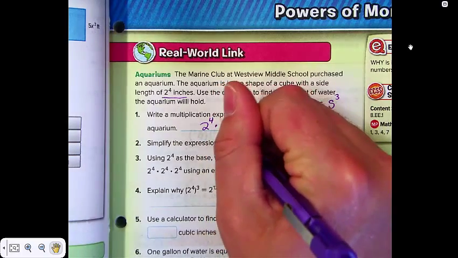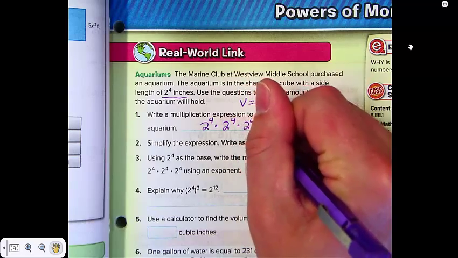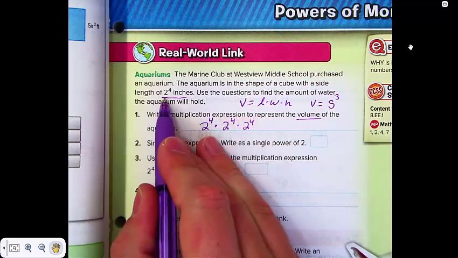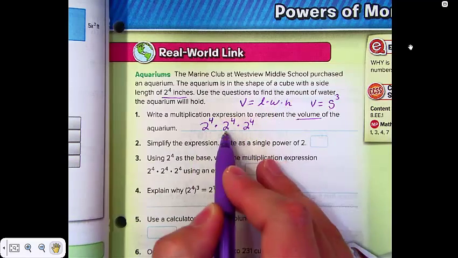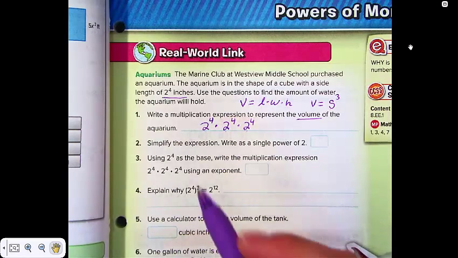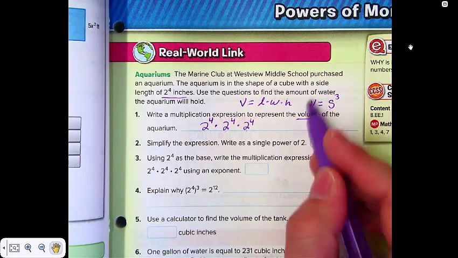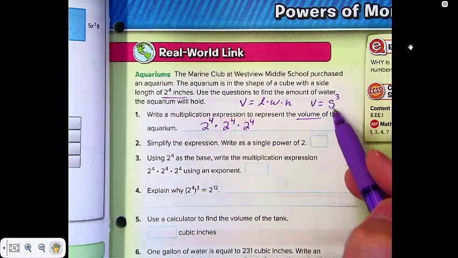To write an expression for that, you take the one side you know, then your width and height are the same. So we fill those in, multiply them all by each other, and it's the same thing as taking S, the side, to the 3rd power.